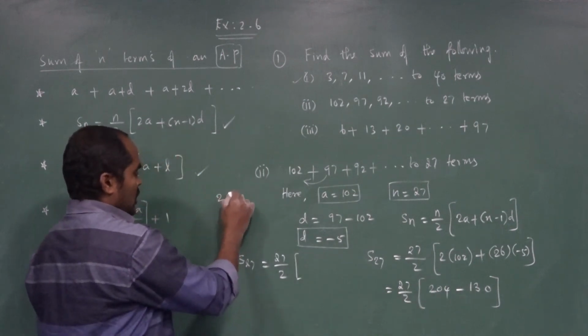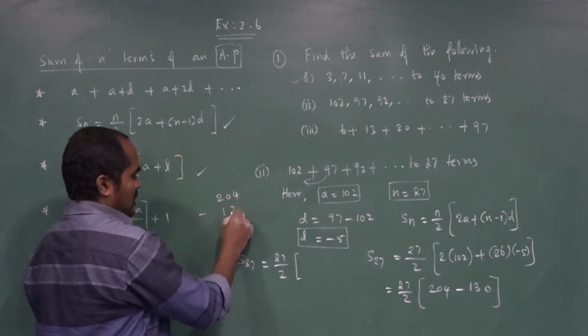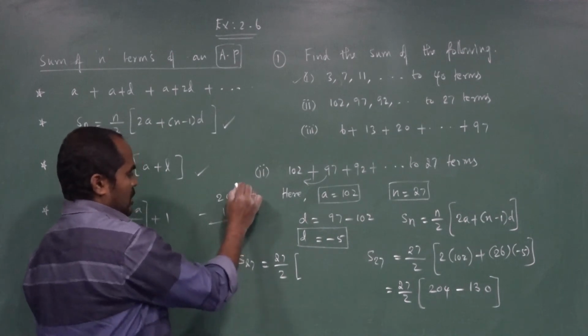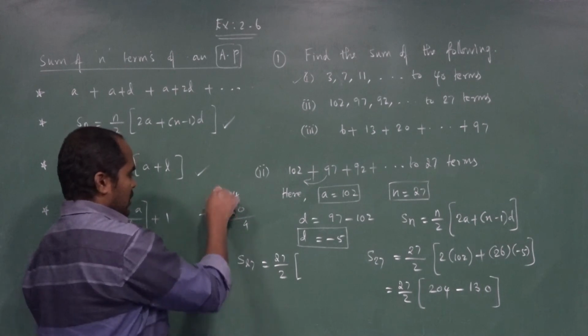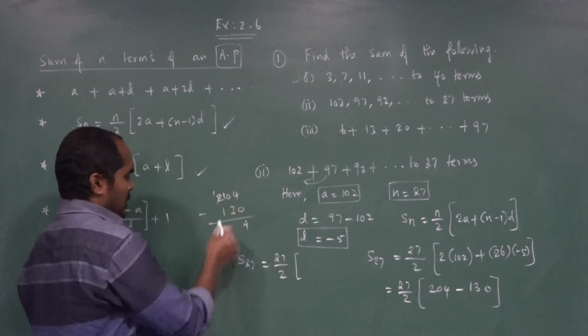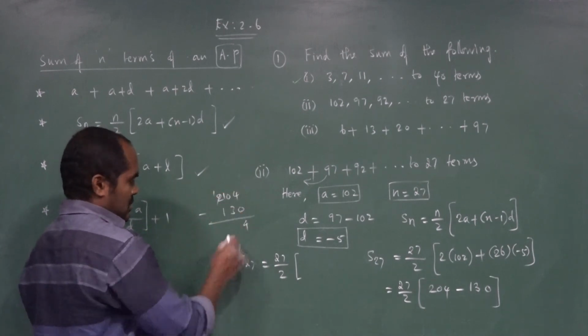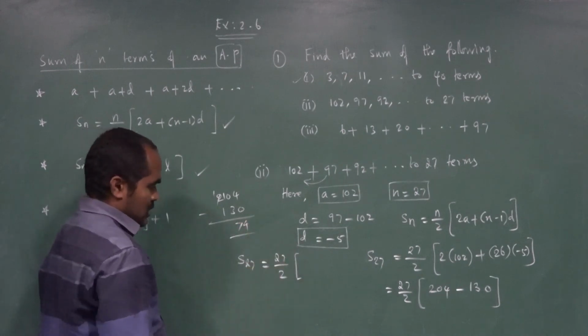So 204 minus 130: 4 minus 0 is 4, borrow here we get 1, here 10, so 10 minus 3 is 7. So that is 74.